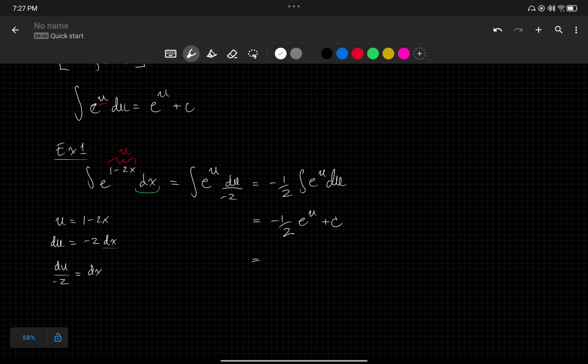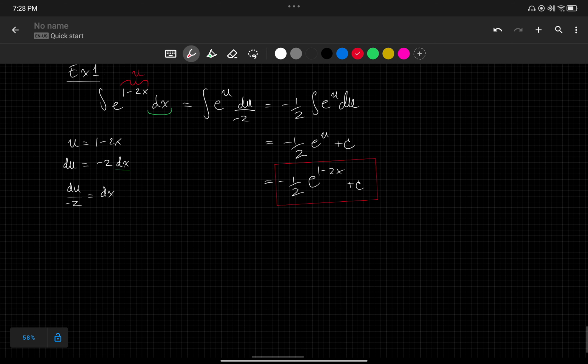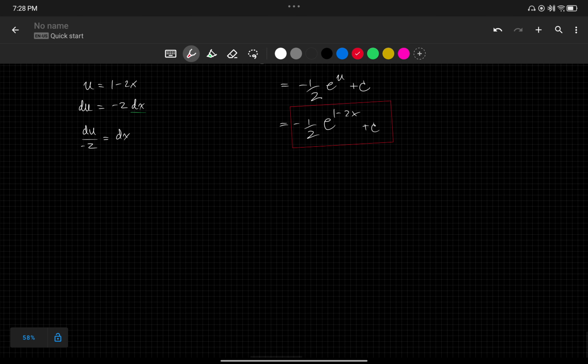Replace what it was originally, which was 1 minus 2x, plus c. Okay, that wasn't too bad at all. Pretty straightforward. Okay, number 2.